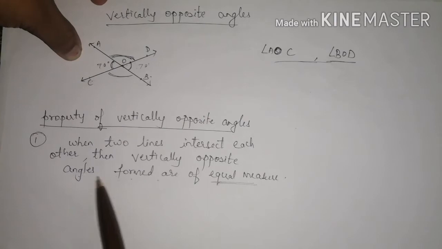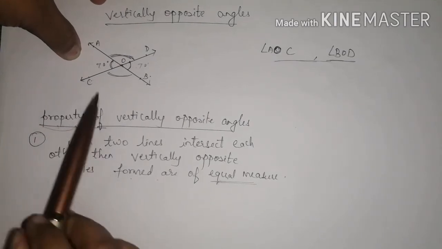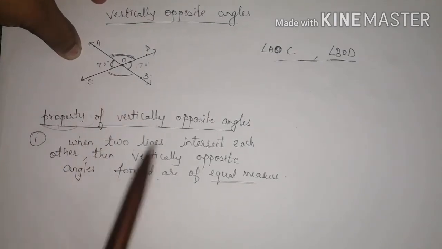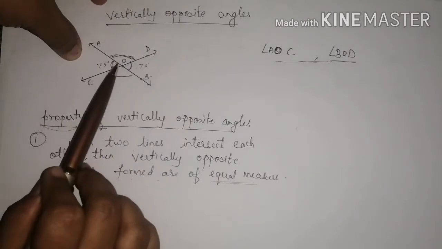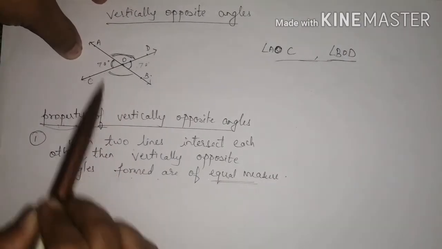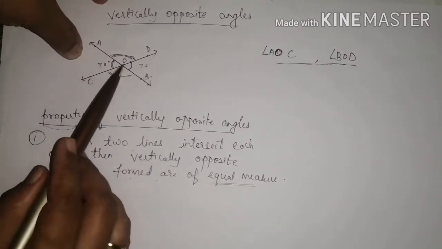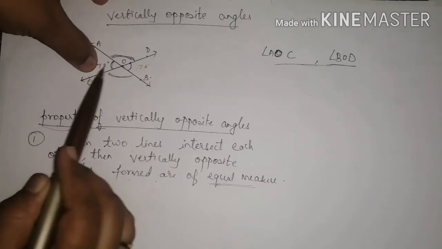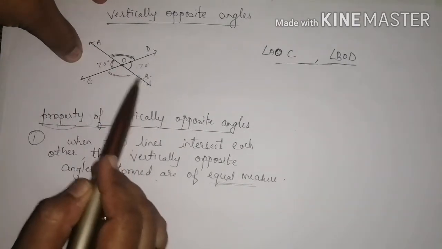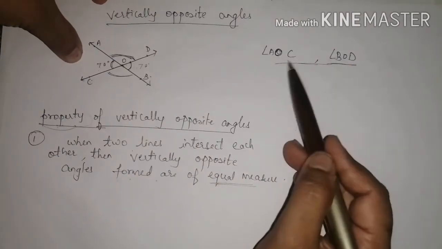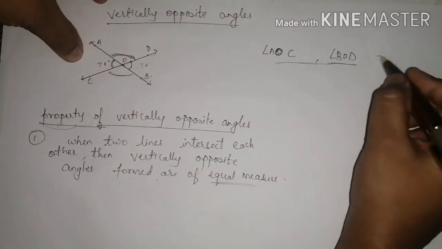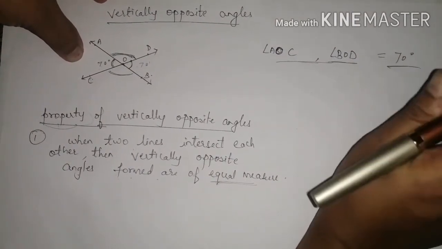Why? Because there is a property of vertically opposite angles that when two lines intersect each other, then vertically opposite angles are of equal measure. If angle AOC is 70 degree, then opposite to this angle is angle BOD. So both these angles, their measure will be the same. Both will be of 70 degree.